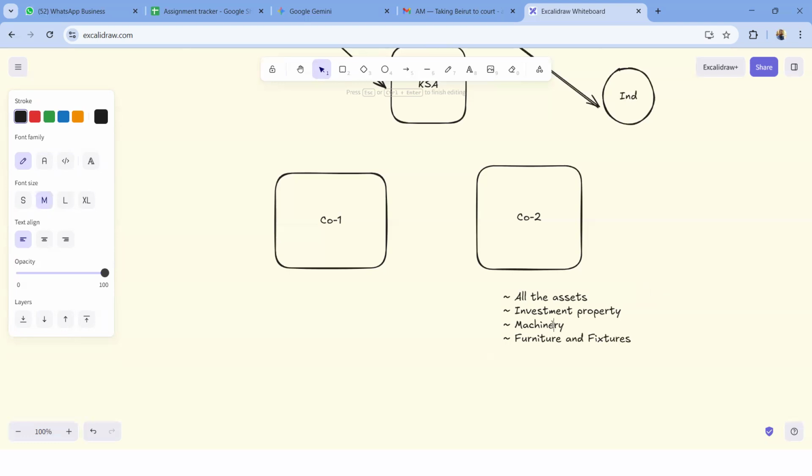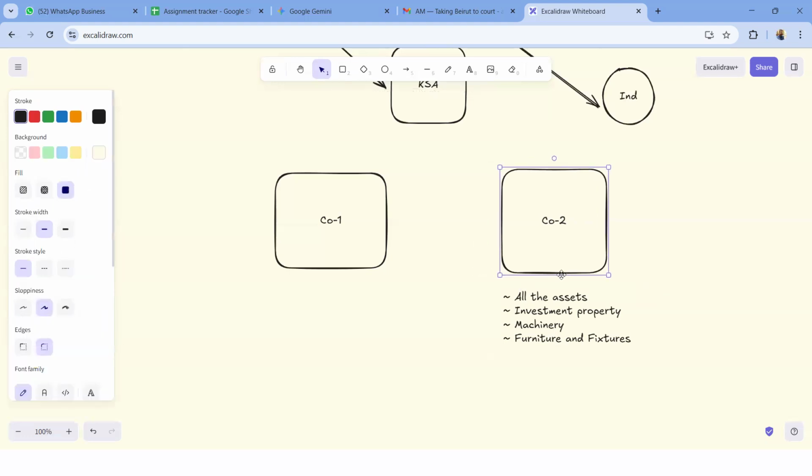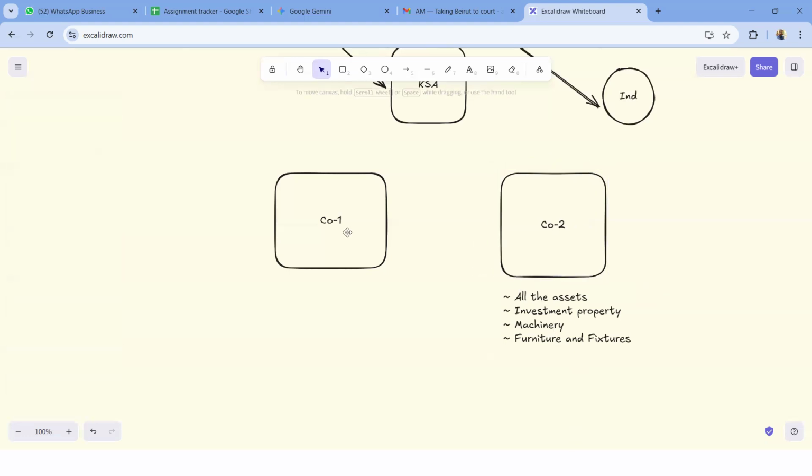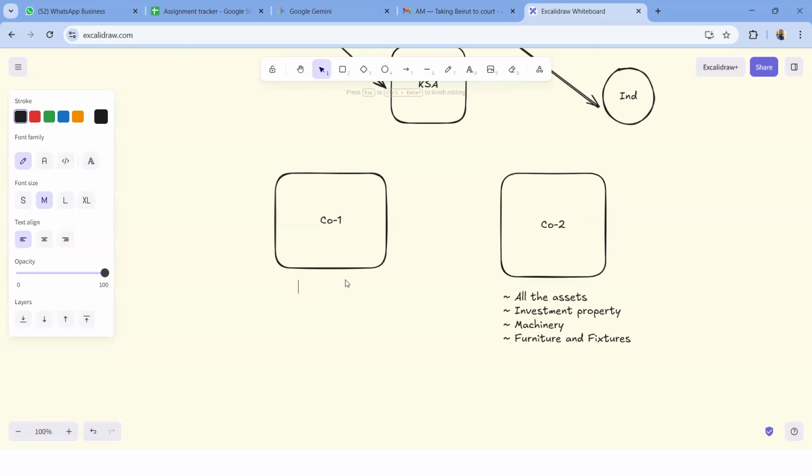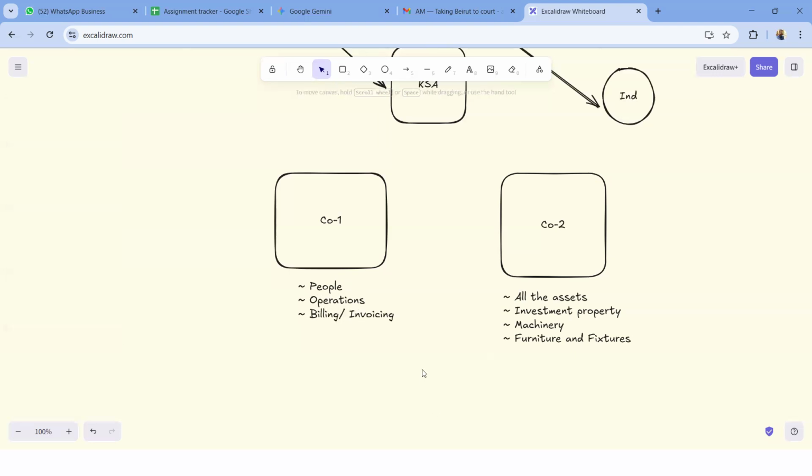All of that would be in this company. But all the people, operations, billing, invoicing would be from the other company.